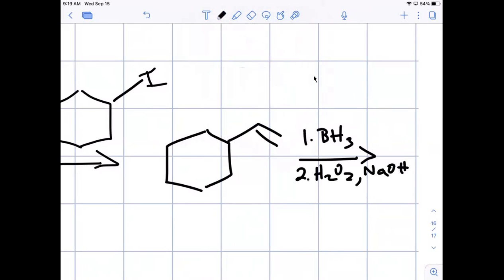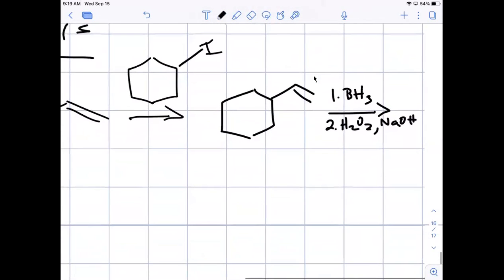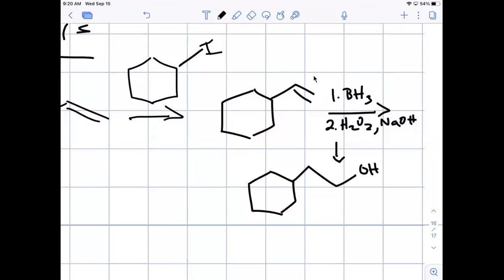Remember, this is going to put an alcohol on the least substituted carbon of that alkene, because it's anti-Markovnikov. So that would give me this. All right, and that's the end of that synthesis.